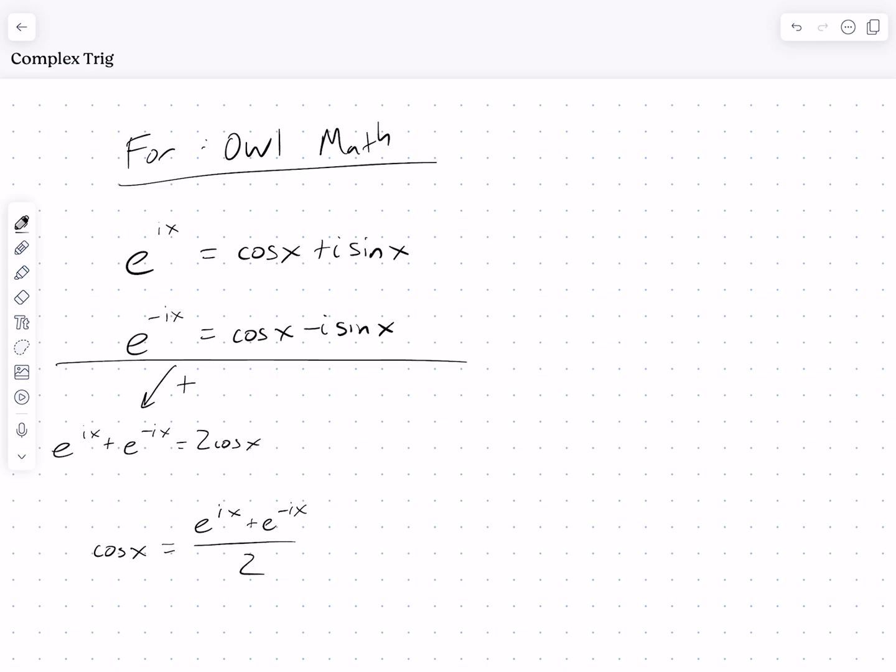On the other hand, if we subtract these, then we get e to the ix minus e to the negative ix is equal to 2i sine x. In other words, sine x is equal to e to the ix minus e to the negative ix over 2i. Those are the complex definitions of the basic trig functions.